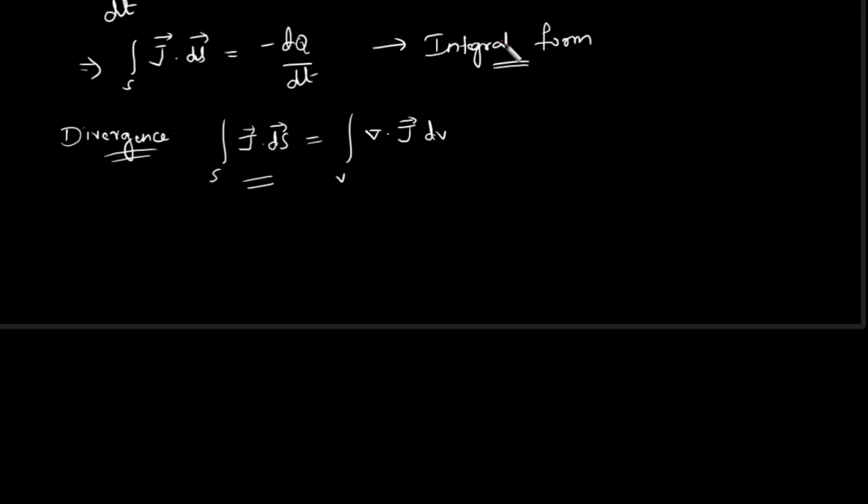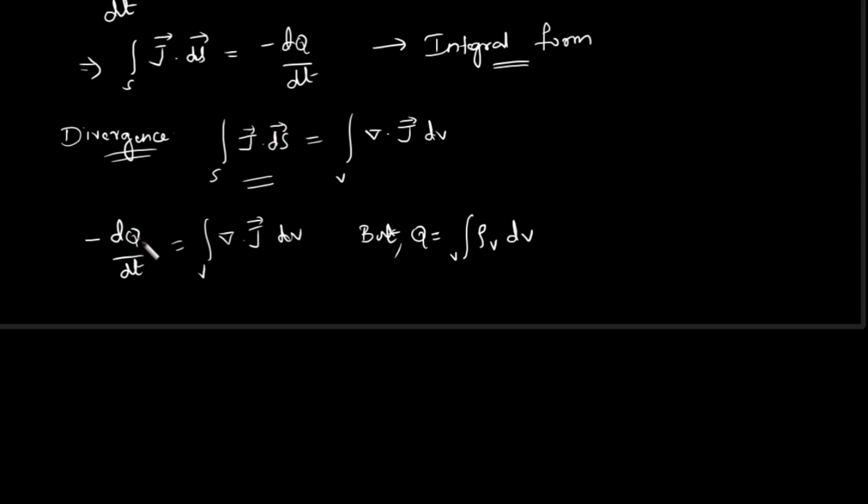Now from the integral form, surface integral J dot ds is nothing but minus dq by dt. So rewriting this equation, minus dq by dt is now equivalent to the volume integral of del dot J dv. But what is this Q now? The Q which we are evaluating is the total charge present inside the volume. How are we going to evaluate Q? Q can be evaluated as the volume integral of rho v dv, because I can calculate Q for a small volume using rho v delta v.